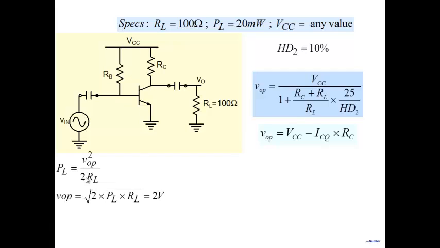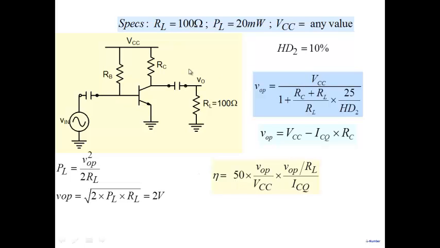So what we do is we look at PL here. PL we know now is 20 milliwatts. So we calculate 2 volt here is the voltage here. And this is the efficiency here. So we'll have to do the design, meaning choosing VCC, choosing RC, and choosing RB such that the efficiency is maximized. That's your target.